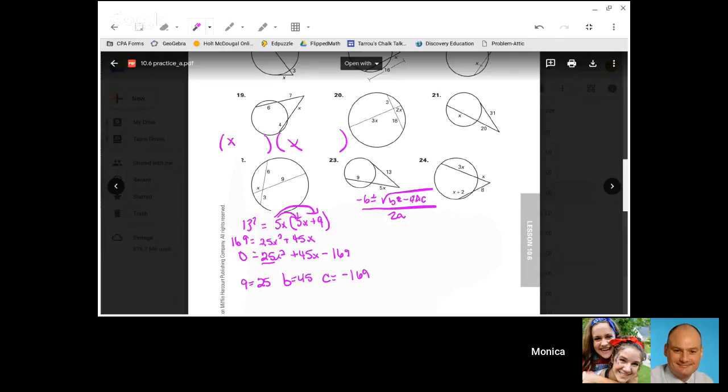Okay, so negative b is going to be negative 45 plus or minus the square root of b squared, so 45 squared minus 4 times our a, which is 25, times c, which is negative 169, and then that's all over 2 times a, which again is 25. So now this is really just knowing how to plug it in on your calculator at this point, okay?